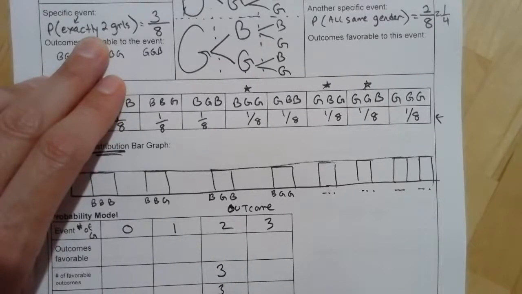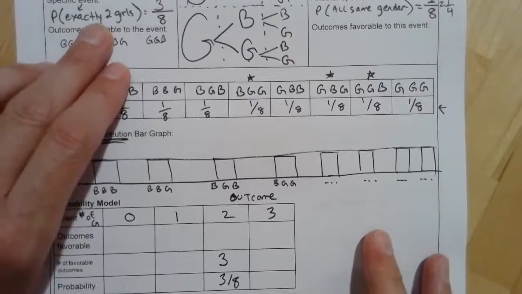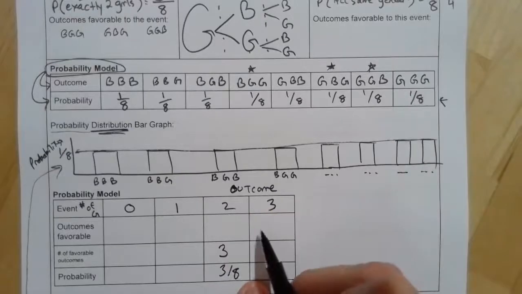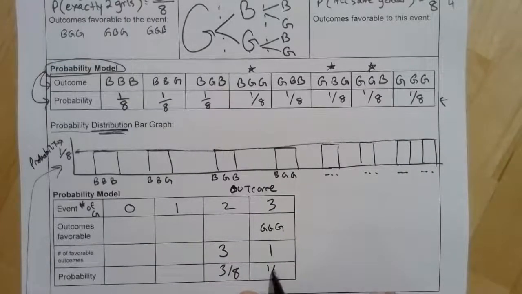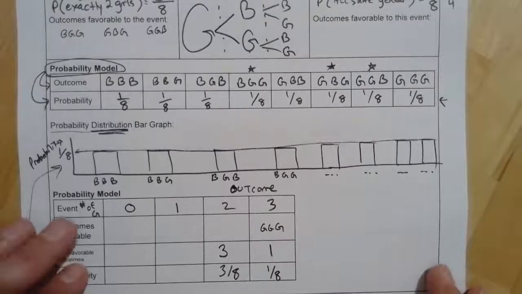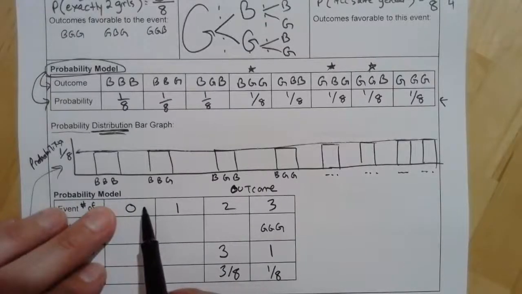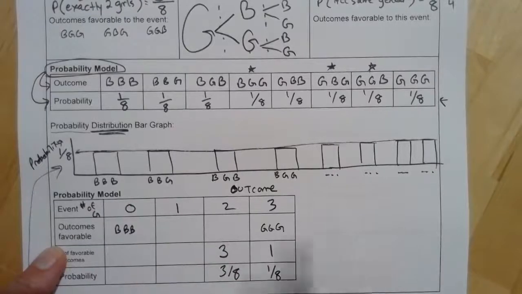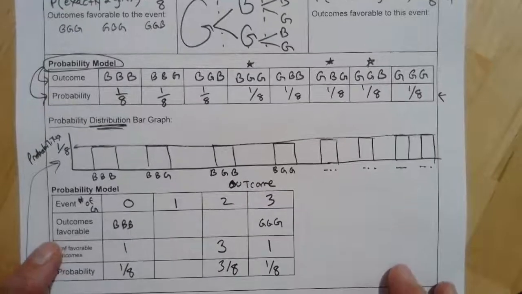So the probability is 3 in 8. So that's nice. What about 3 girls? There's only 1 outcome favorable to that, GGG. So there's only 1 there. So the probability of that would be 1 in 8. How about 0 girls? Well, the only outcome favorable to that would be boy, boy, boy, which is only 1 outcome. So that's also 1/8.